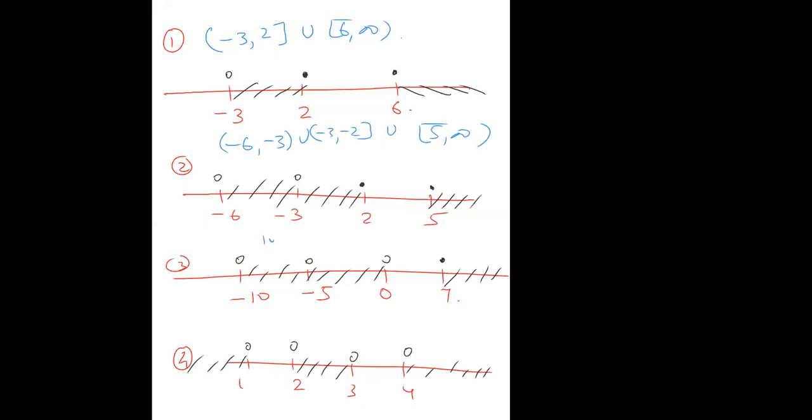Again -10 to 0, subtract -5, union 7 to infinity. -infinity to 1 union 2 to 3 union 4 to infinity. Right? All four, I guess, everyone.